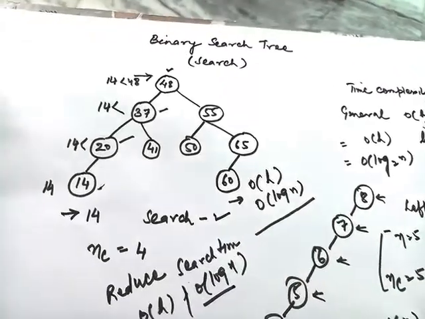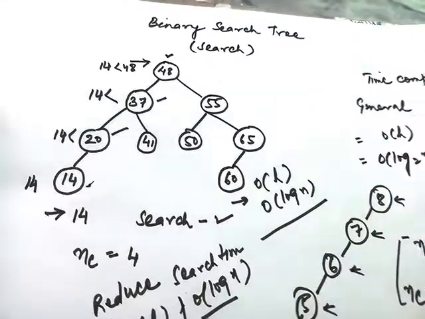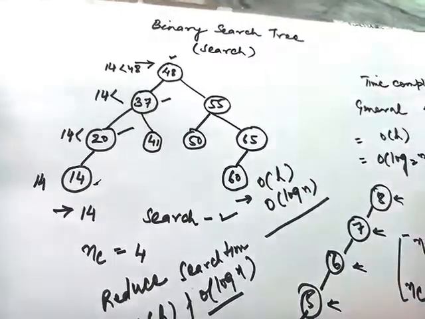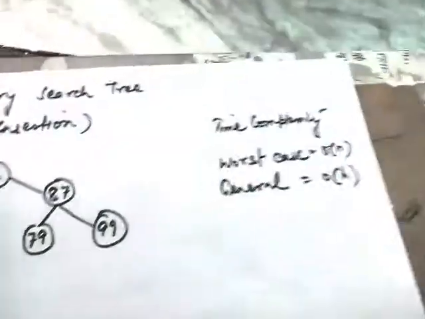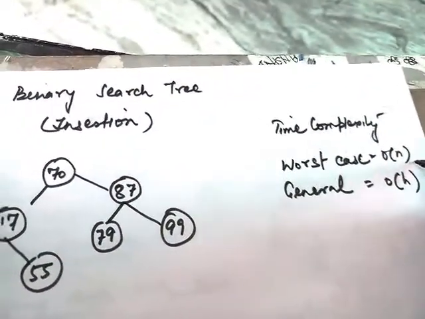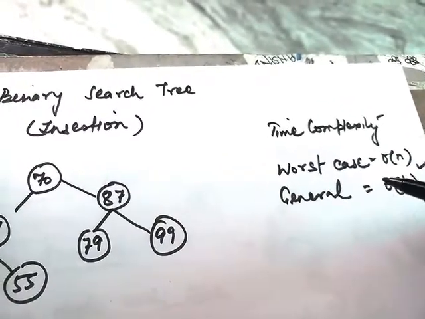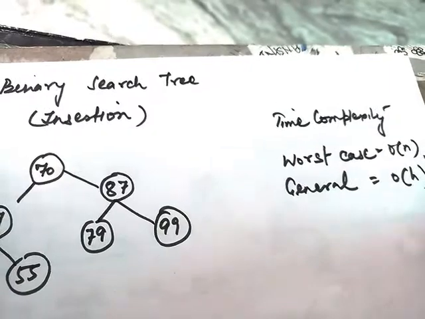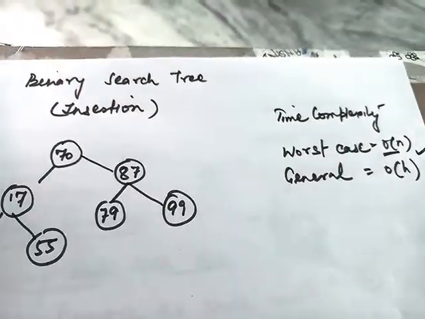This is what binary search tree says about the complexity. Now the next one is insertion. And in insertion also, the worst time complexity is order of n. If your tree is unbalanced, whether it is a left skewed tree or a right skewed tree, in both cases the complexity will be order of n.